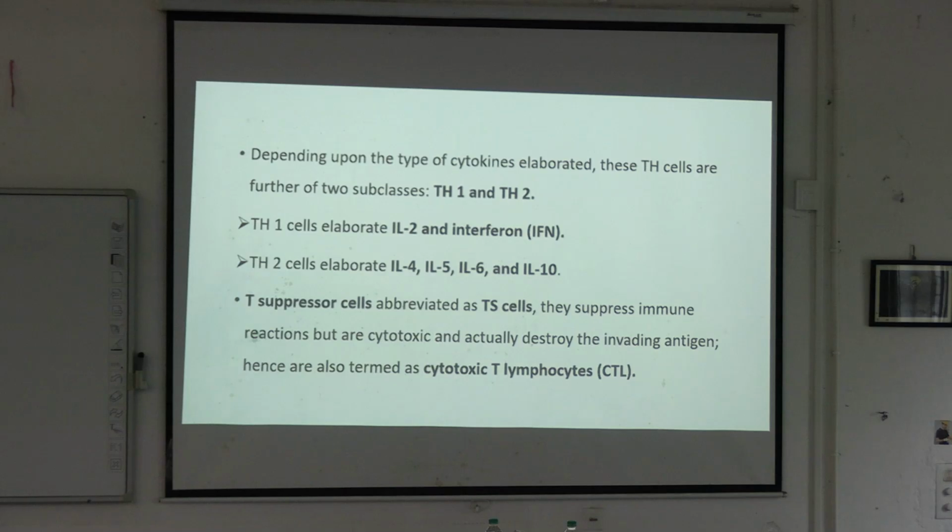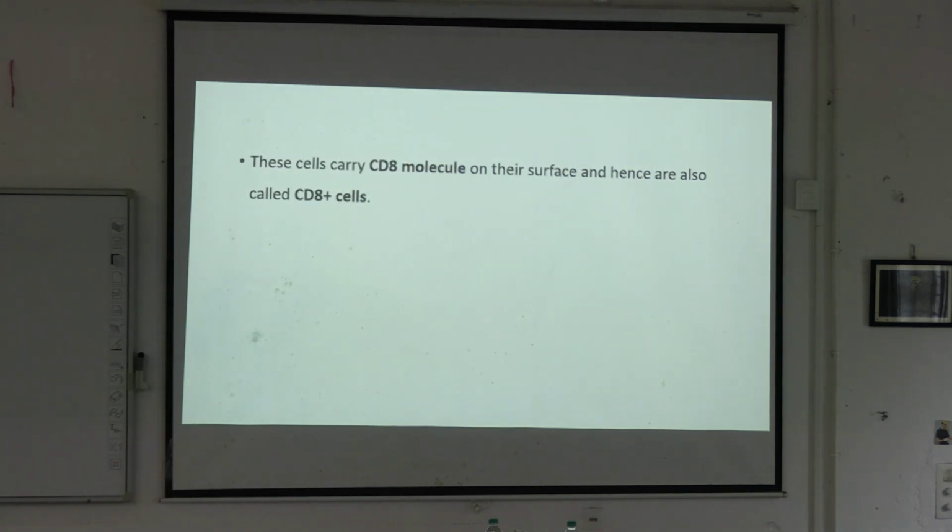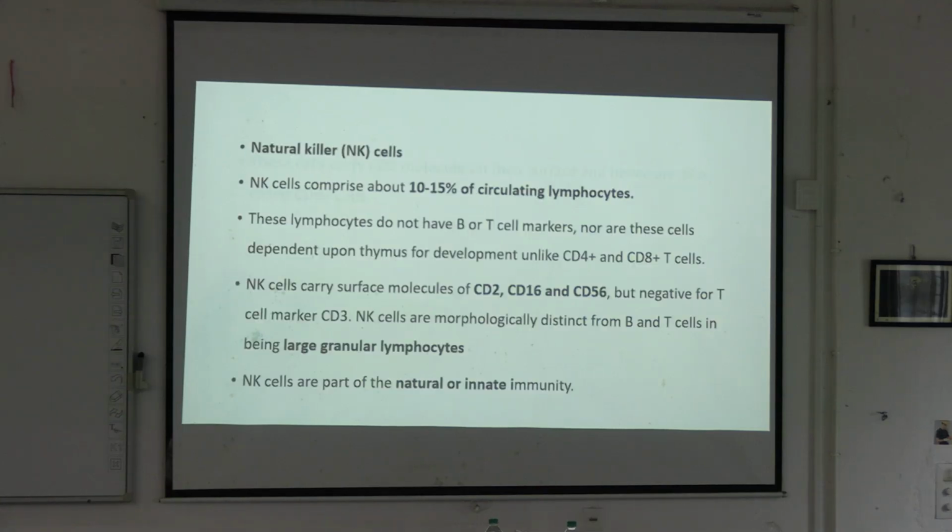T suppressor cell, abbreviated as TS cell. They suppress immune reaction but are cytotoxic and actually destroy the invading antigen. Hence they are also termed cytotoxic lymphocytes, CTL. These cells carry CD8 molecule on their surface and hence are also called CD8 plus cells. Now natural killer cell.